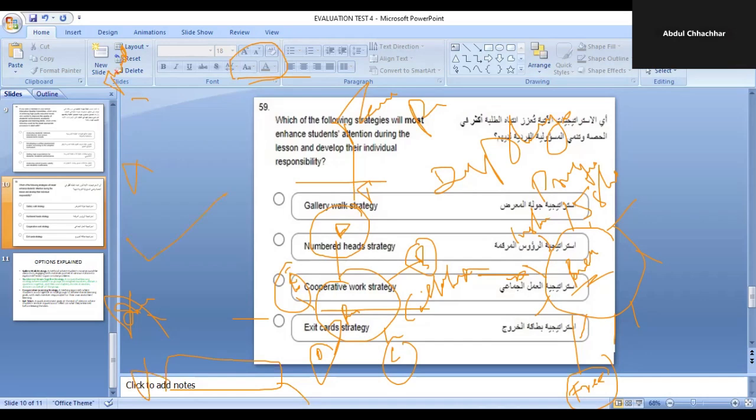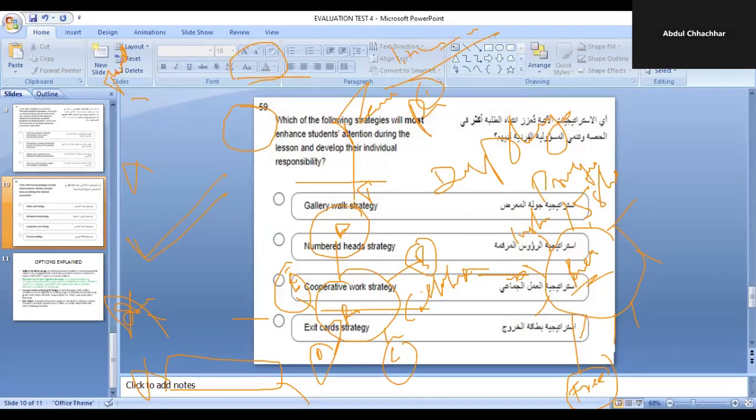Now, regarding numbered heads, okay? For example, you can play a wheel game, or what is that, wagon wheel, or you can assign the numbers. Number 1, number 2, number 3, number 4. Okay, guys, when I call number 1, you will be answering. That means everybody will be attentive, right?